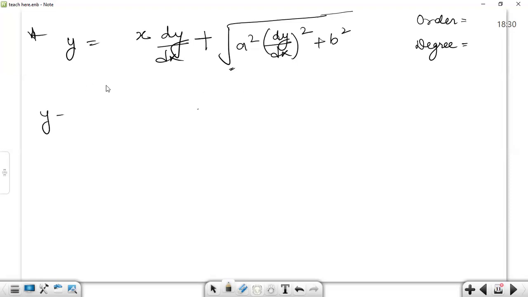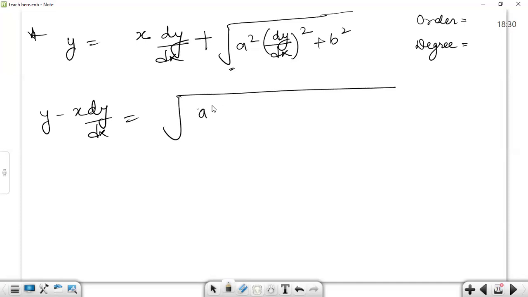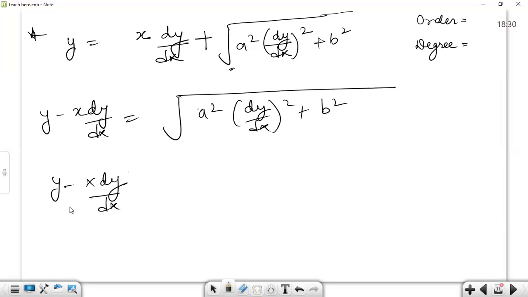For that, we bring this term to the left-hand side, and this will be written like this, a square into dy by dx square plus b square. Now we'll square both sides, and the square root will be gone.